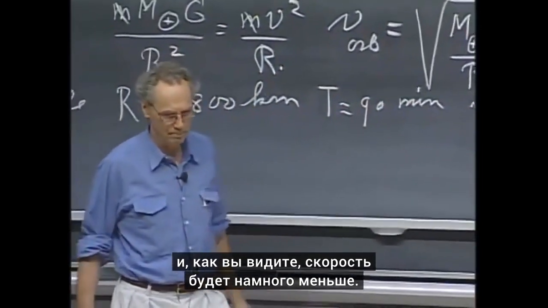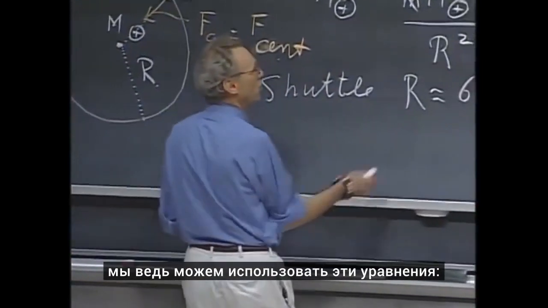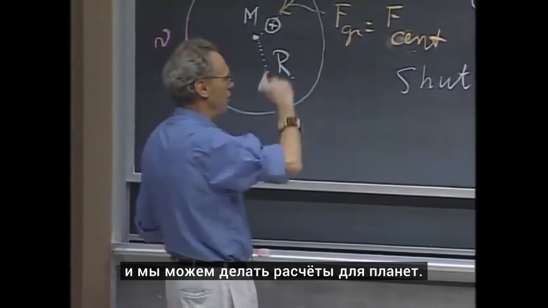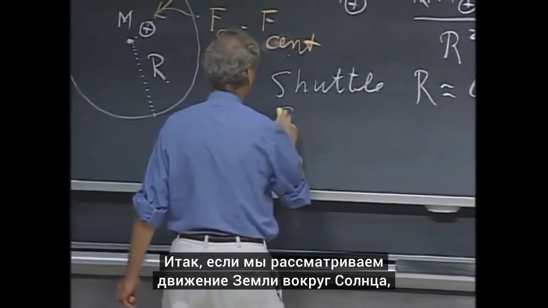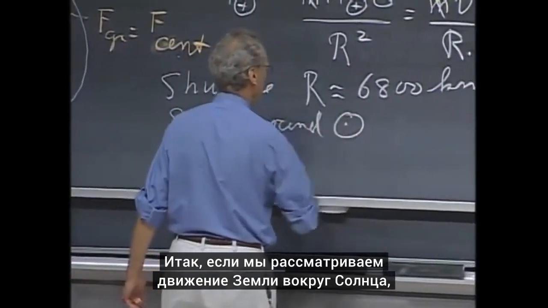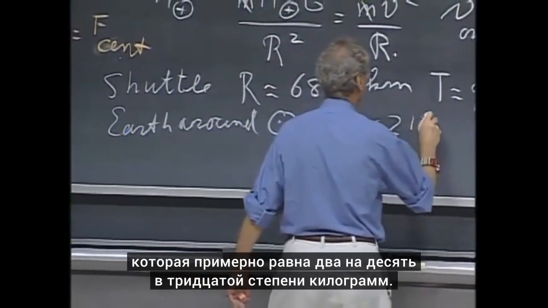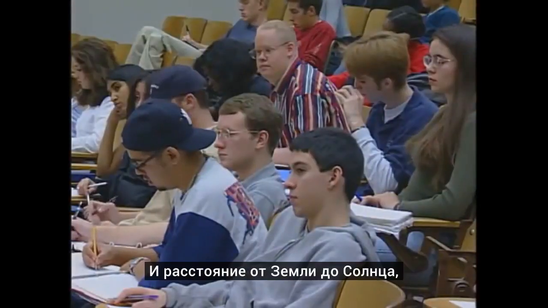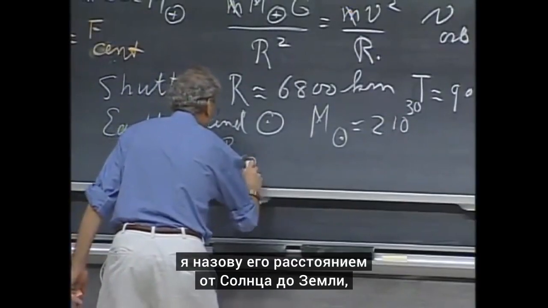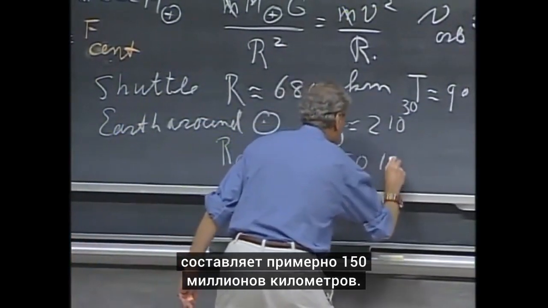If you take the Earth itself around the sun, we can use all these equations, replacing the mass of the Earth by the mass of the sun, and then we can do this for planets. So if we take the Earth around the sun, we have to put in the mass of the sun, which is about 2 times 10 to the 30 kilograms. The distance from the sun to the Earth is about 150 million kilometers.